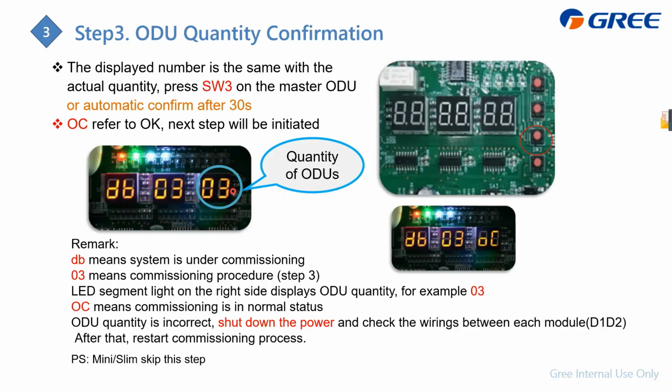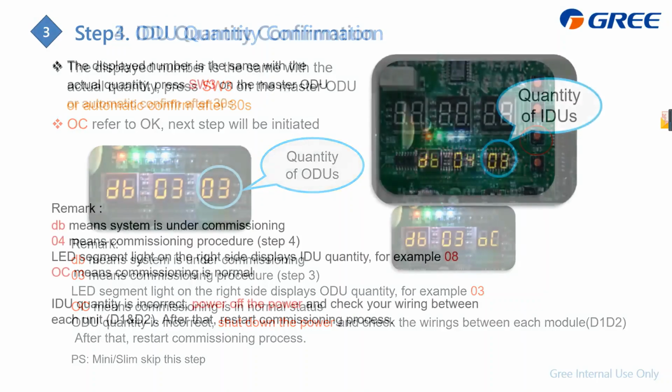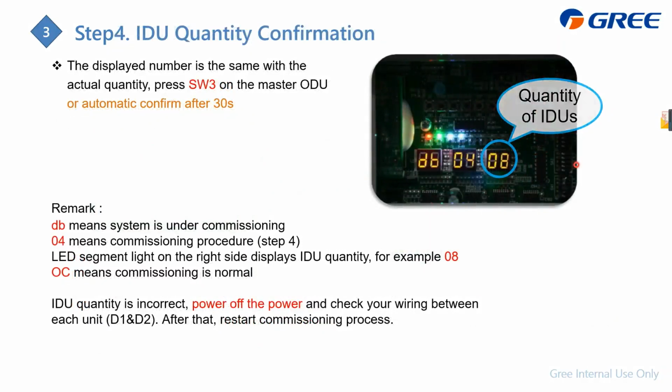If it is true, you should press SW3 to confirm. And if it's not true, we should check the communication wire or some other wire or the module. Maybe something is wrong with this unit. If it's true, press this SW3, and then it comes to step 4 automatically.